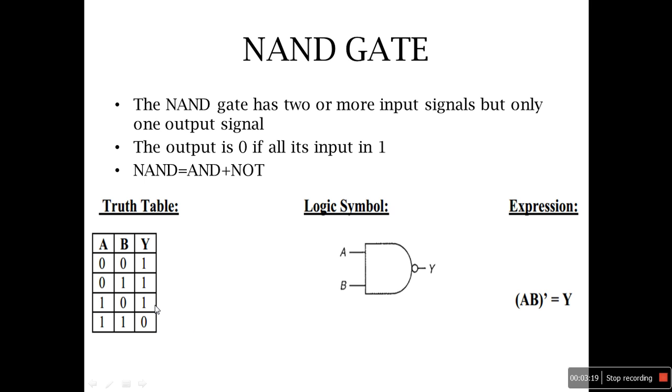This is the opposite of that, that is, if all the inputs are 1, the output will be 0. And this is the logic symbol. This was the AND gate, and the NOT gate is indicated with this particular bubble. For the AND gate, the expression was Y is equal to AB, and for the NAND gate, it has become AB whole bar. So it is negated, NOT AND.